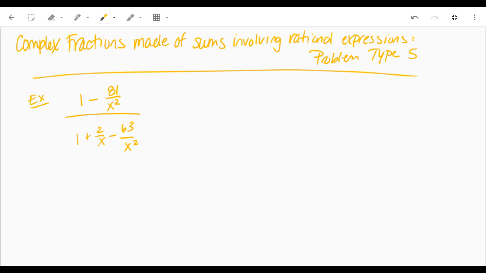Okay, so we are going to simplify this. And we have fractions within fractions. So what we want to do is find the lowest common denominator of all the individual fractions.